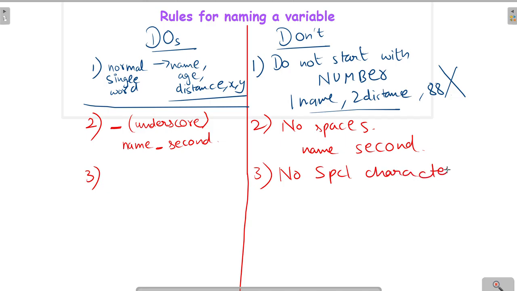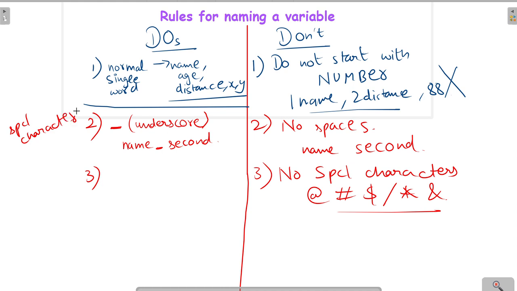Special characters means like your at the rate, hashtag, dollar sign, slash, asterisk, and percent. But the exception is your underscore. Okay. In special characters, the underscore is your exception. Okay. Fine. Special character exception is your particular underscore. This one. Clear?